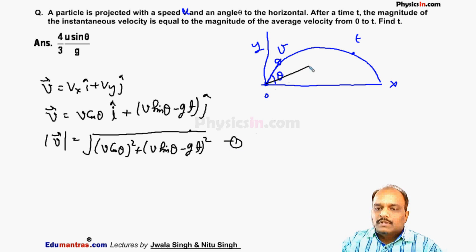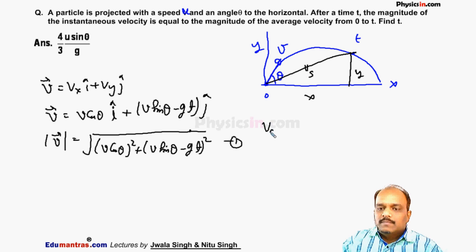Now the average velocity. We know this is our x, this is our y, so this is the displacement. So the average velocity magnitude is root over x square plus y square divided by time.